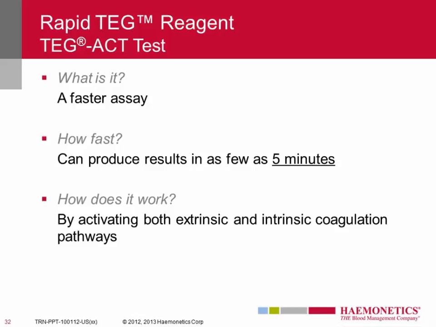And what we've done is we've added tissue factor to the reagent so that we're looking at both the intrinsic and extrinsic pathway. When we do just a standard TEG, we're just looking at the intrinsic pathway. We add tissue factor to this, and it expedites that thrombin production. So we get a quicker creation of that angle and tracing.